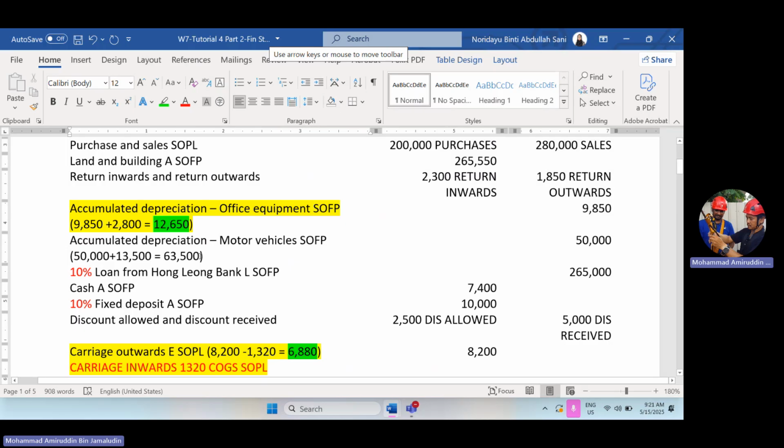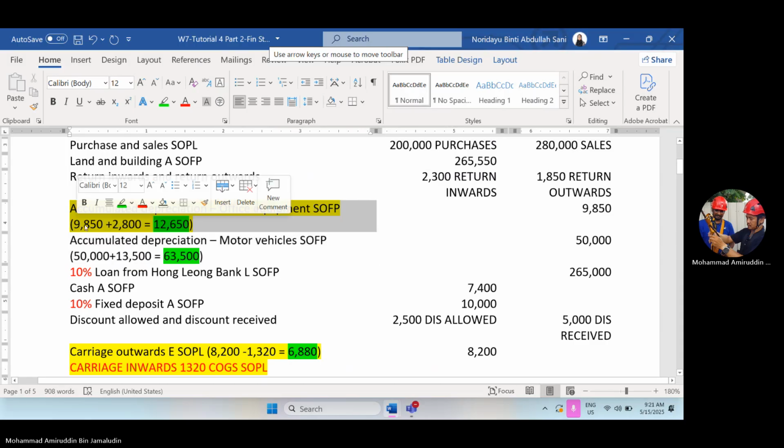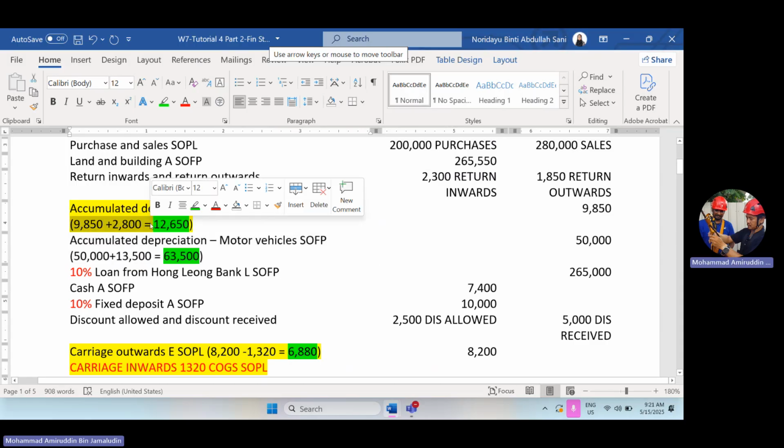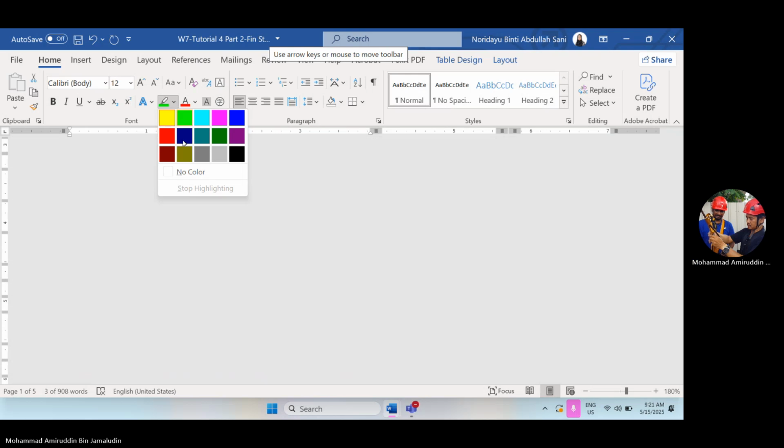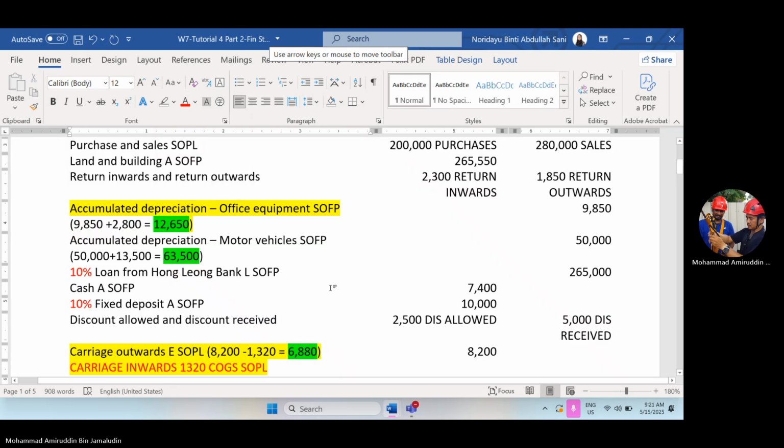So how much do you send to your SOFP? This much. Not the 50,000, not the 13,500. So that's the accumulated depreciation.